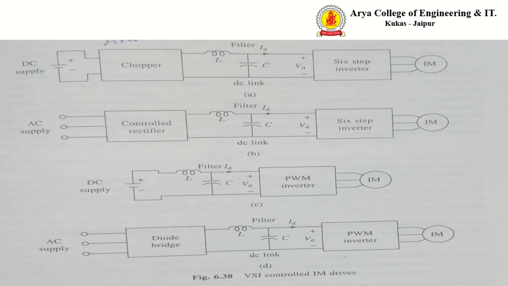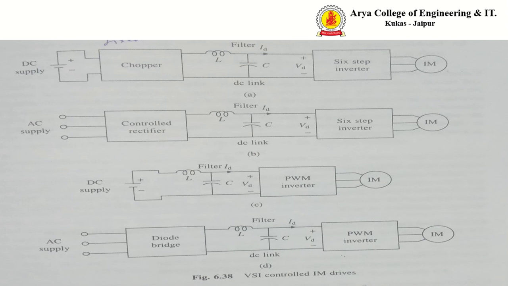In the second configuration, an AC supply is provided to a controlled rectifier. The rectifier's work is to convert the AC supply to DC, and the DC is filtered by the DC link filter.